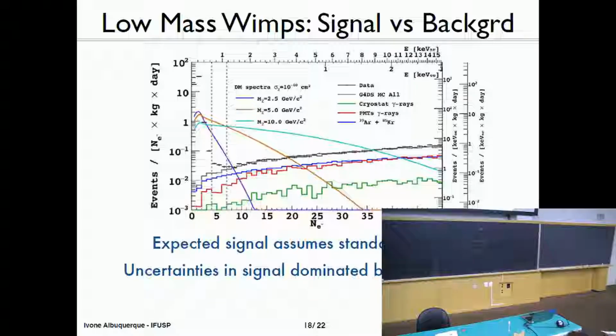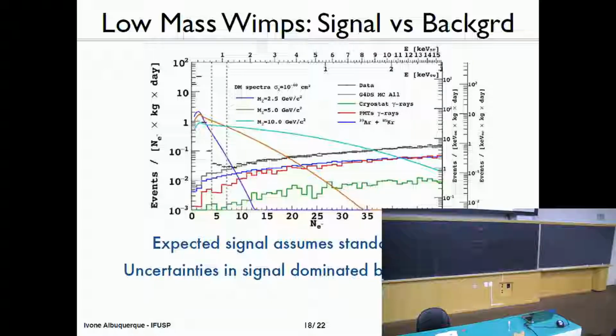This is a very busy plot, but what I want you to pay attention to, here is the number of electrons detected. This is the energy in keV from nuclear recoils. And here is our data. At the end here, there's some impurity, so we measure our signal from 4 electrons up, and we compare what we get here with these solid curves, which are what's expected from certain models.